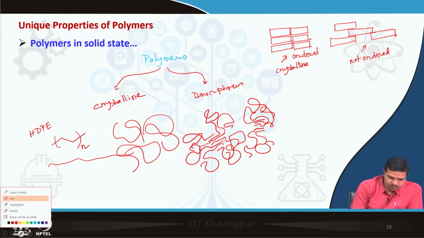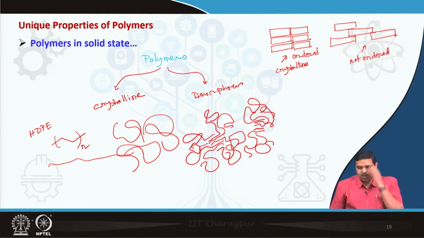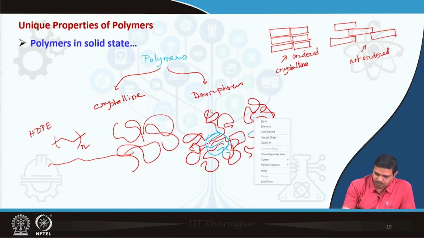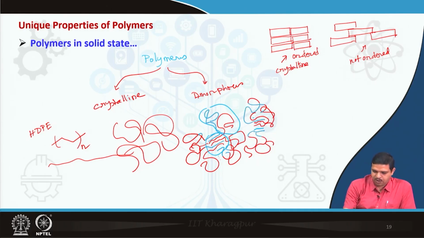Although I have written crystalline, this crystallinity will be much less than in small molecules, because these domains will be very few compared to the amorphous region. So, it is better to use the term semi crystalline materials, and this domain is called crystallites, that is a small portion of the crystalline phase.